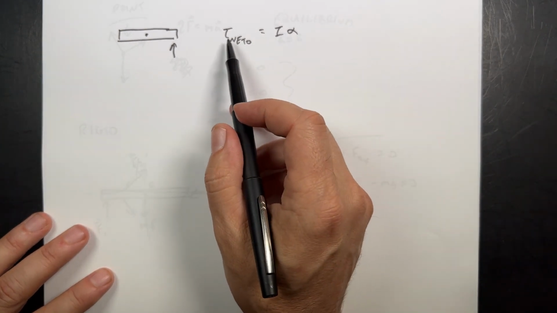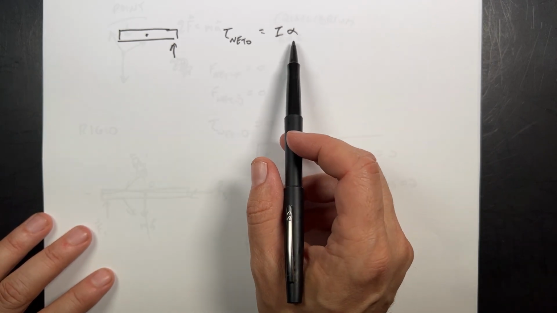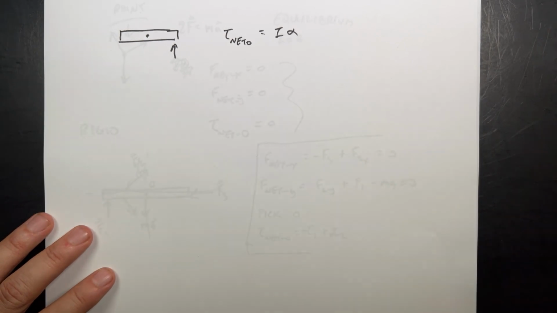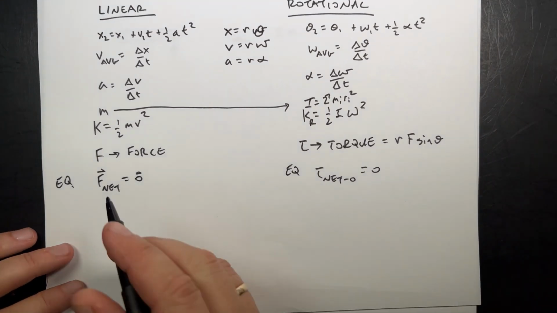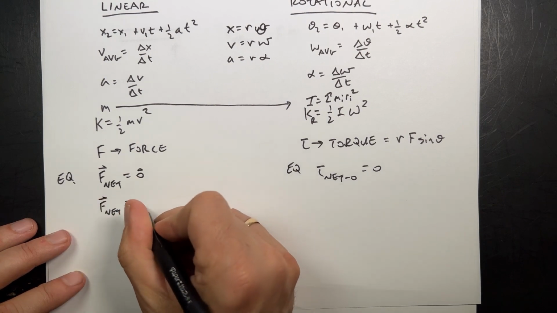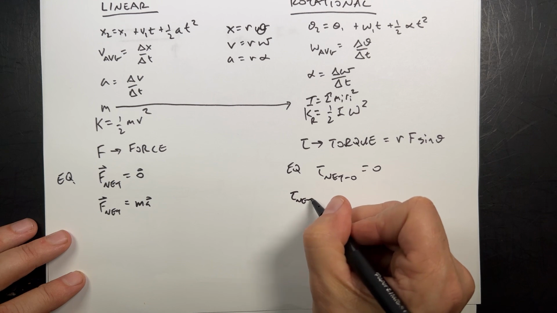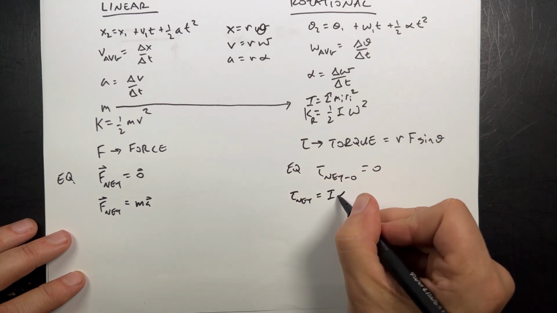So this is the total torque is the moment of inertia, the rotational mass, times the angular acceleration. Does that look familiar? Yes, it does. Let's go ahead and put that right here. F net equals ma. Over here, I have torque net equals I alpha.